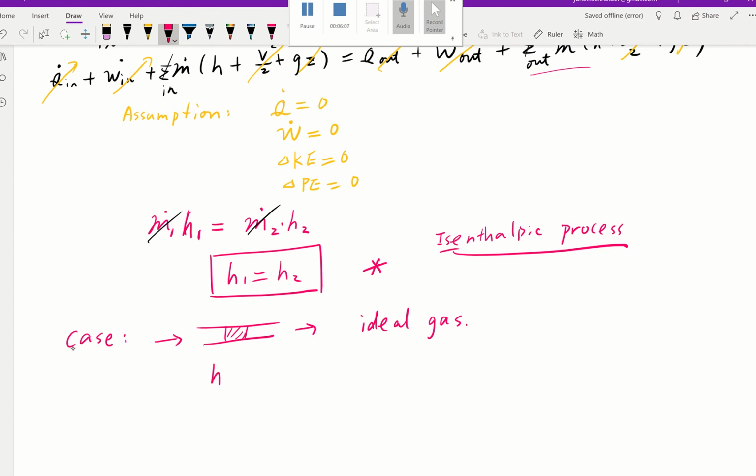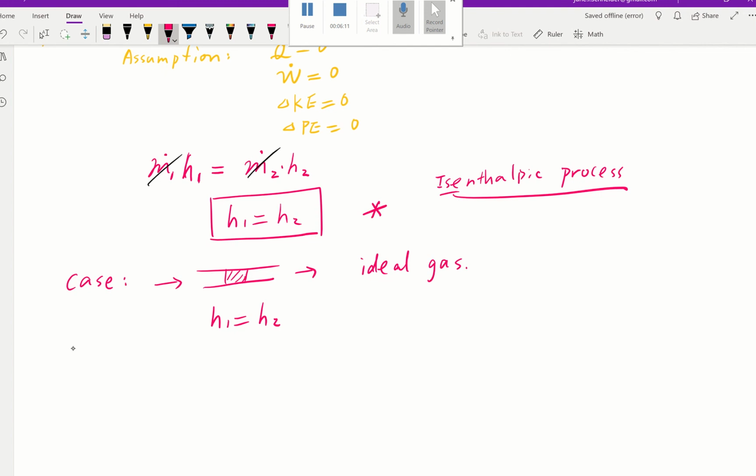Because h1 equals h2, and we also learned that h for an ideal gas is basically a function of temperature, if enthalpy stays the same, we can conclude T1 is equal to T2.